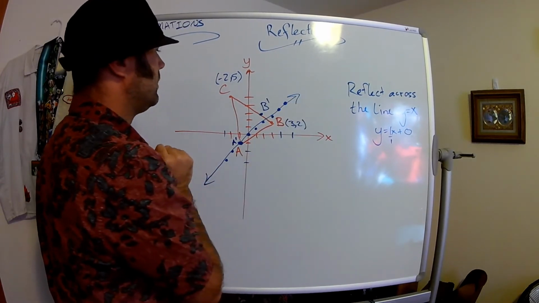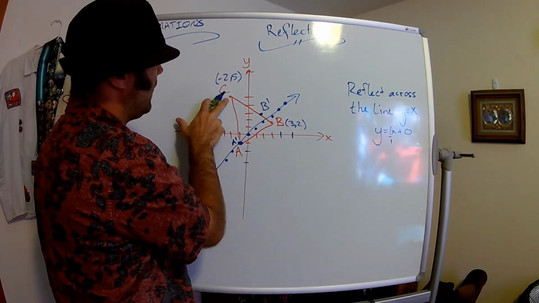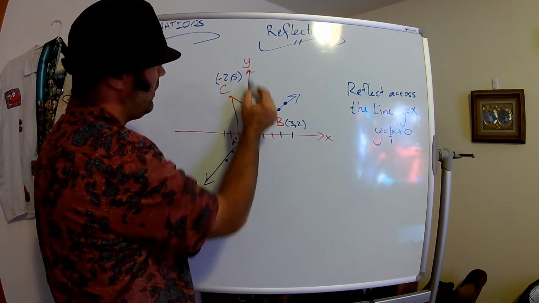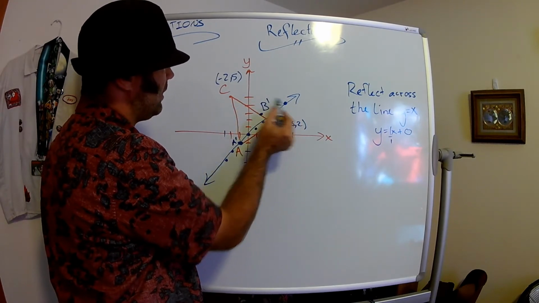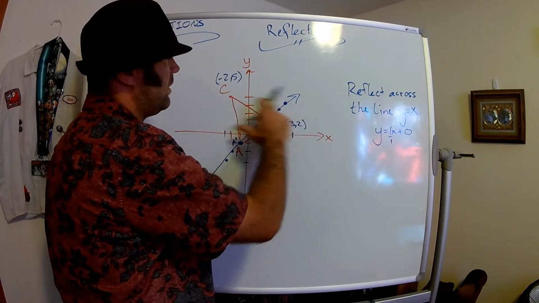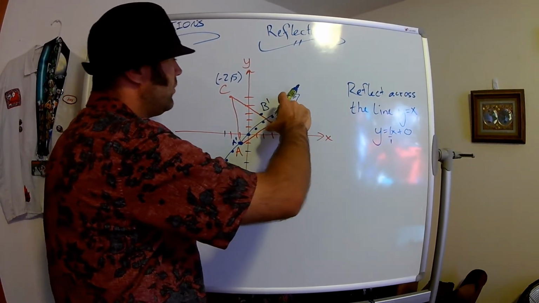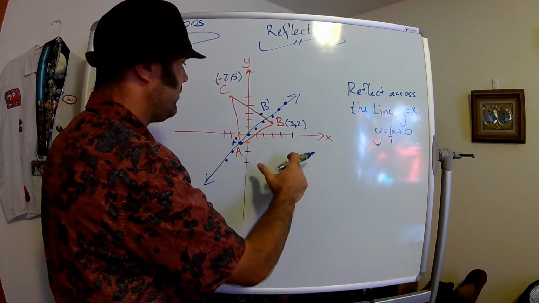There we go. Now we're up to 5 here. So if we're at negative 2 here, it takes 2 to get to the y-axis. 1, 2, and then 5 more to get here. So that's 7. So C is 7 away from this line. So we need to go 7 down. So it's 5 to get down, 6, 7.